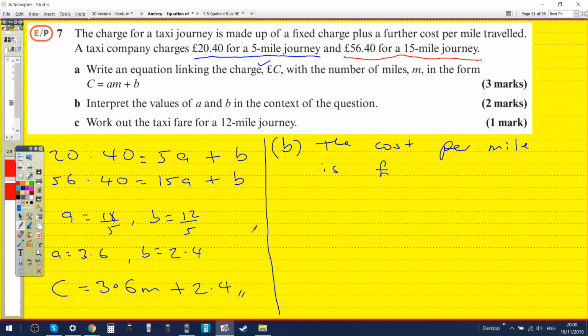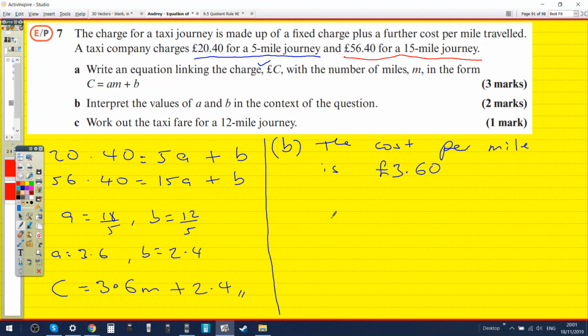If M was 1? 6. And so what is the difference in cost per mile? 3.4. £3.60? Yeah. So it's the other one that's cost per mile.